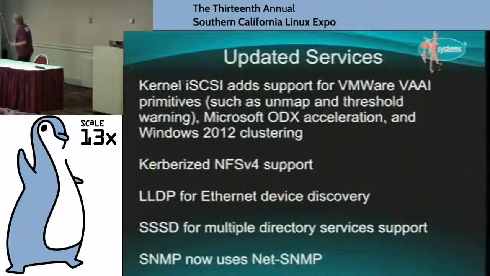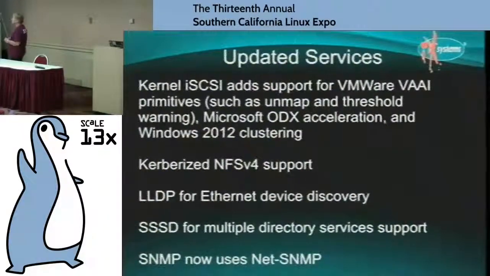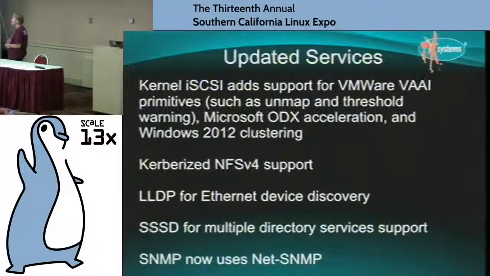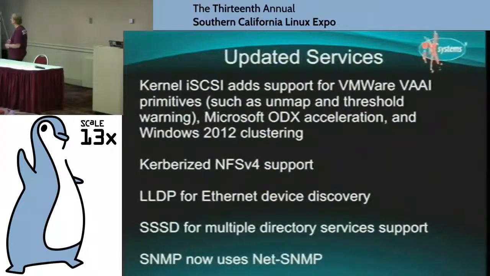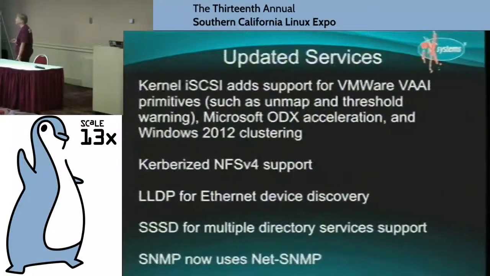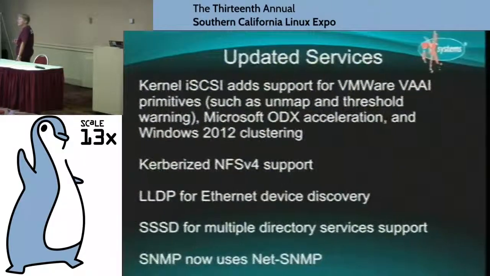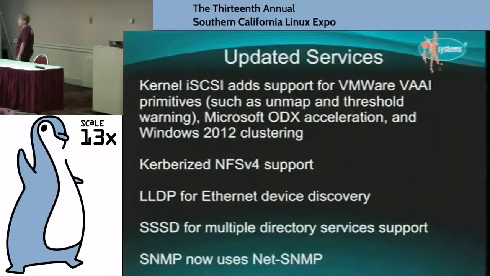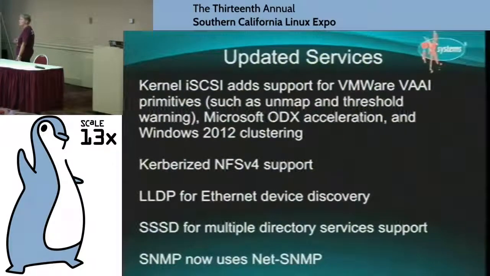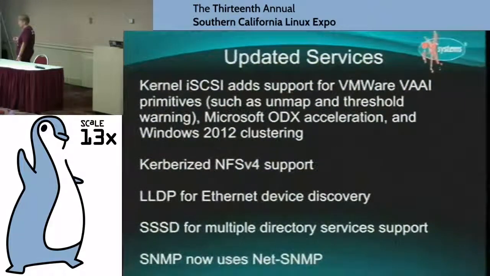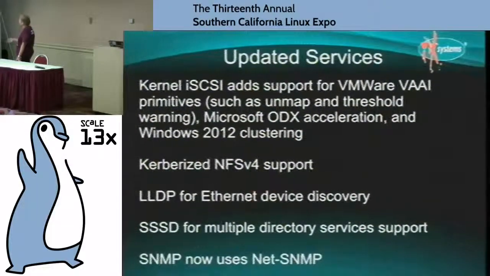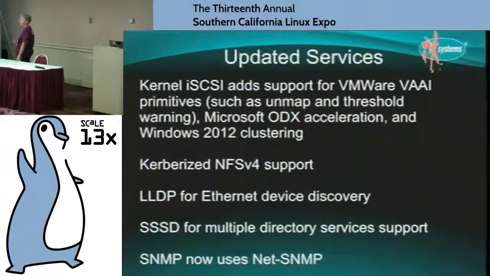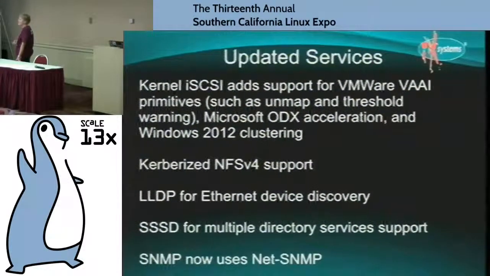One of the nice things, especially if you're in an enterprise environment, is we've gone from the userland istgt, which we were using for iSCSI, to the new kernel iSCSI. And this gave us a lot of benefits. One of the biggest benefits, if you are in a VMware environment, is we have full support for VAAI, which means if you use your VMware datastore over iSCSI, you're going to get things like UNMAP, so it's actually going to know that you've deleted data.